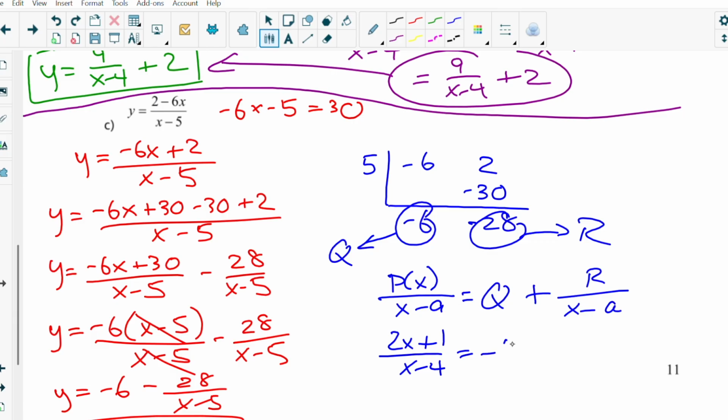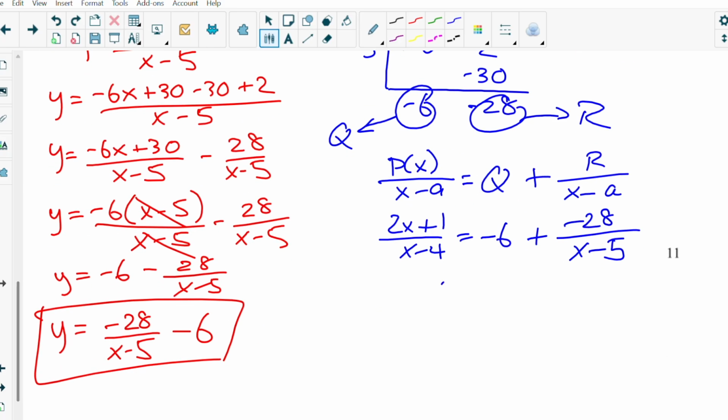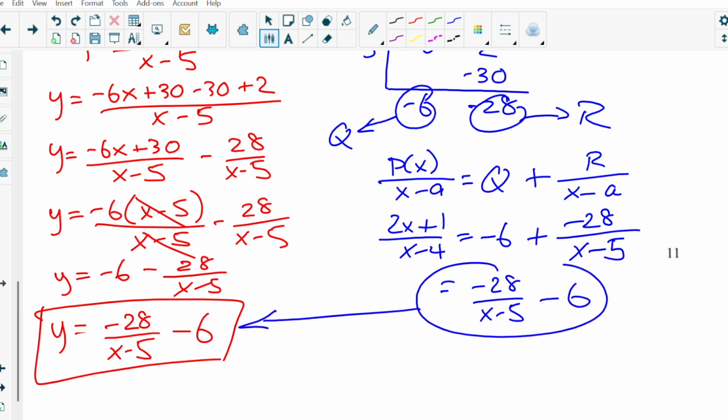Quotient is negative 6 plus the remainder is negative 28 divided by my divisor is x minus 5. And let's clean that up, folks. That is negative 28 divided by x minus 5 minus 6. And is that the same as before? Yes. So there's two different ways to rewrite this in the form. Remember, the whole goal is we're trying to rewrite it in the form y equals a divided by x minus h plus k.